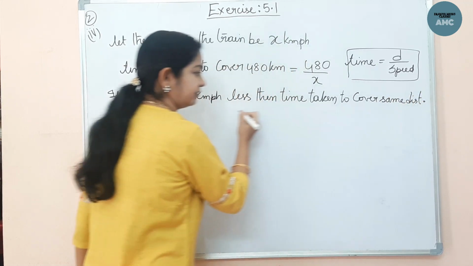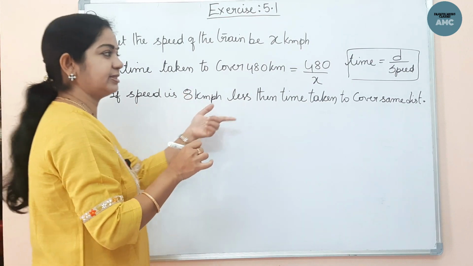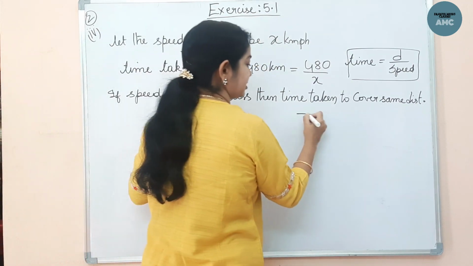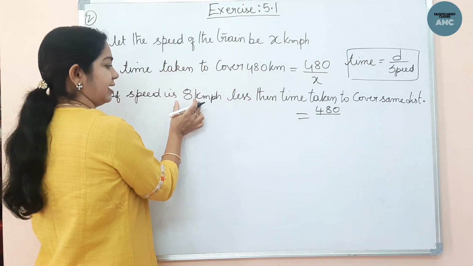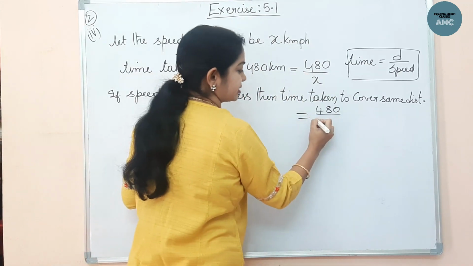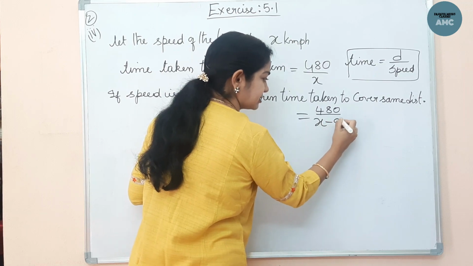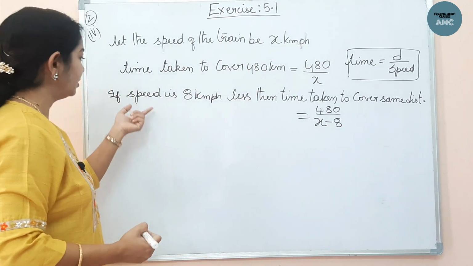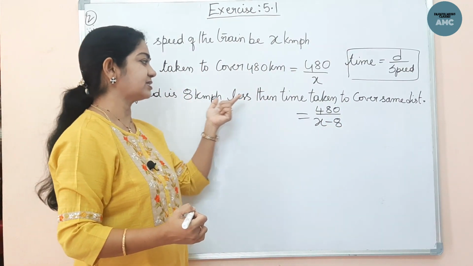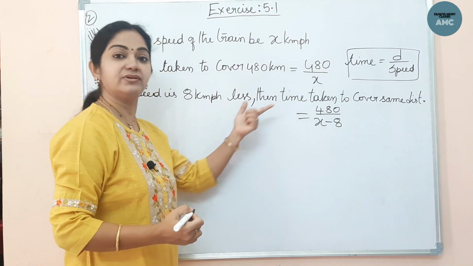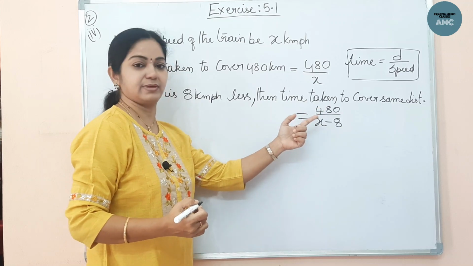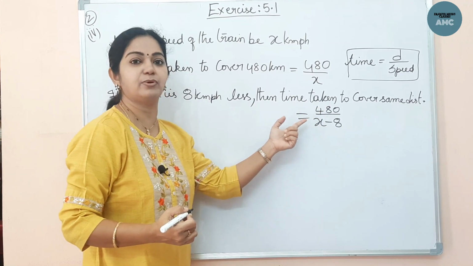The time is again distance by speed. So the same distance 480, but the speed is 8 kilometers less. The actual speed is x and it is less by 8 kilometers, so the time taken to cover the same distance is 480 by x minus 8. You understood this? This point is very important here.